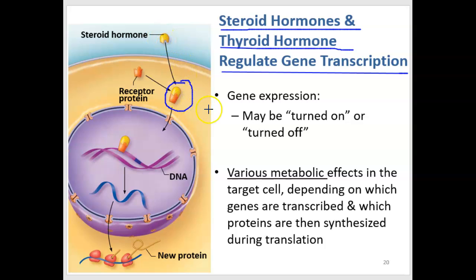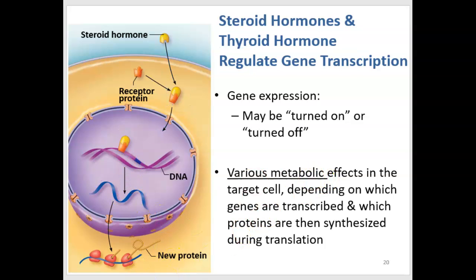So steroid hormone moves into the cell, binds to its receptor, and then this complex, the hormone and receptor complex, enters the nucleus, which typically binds to a portion of the DNA that regulates a gene that's upstream. That might turn on the gene or it might turn off the gene, which means if it's turned on, you'll get transcription and RNA will be made. If it's turned off, then no transcription will happen. Okay, so that will be no messenger RNA.